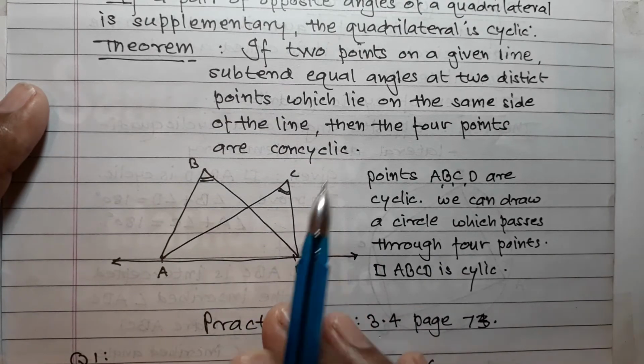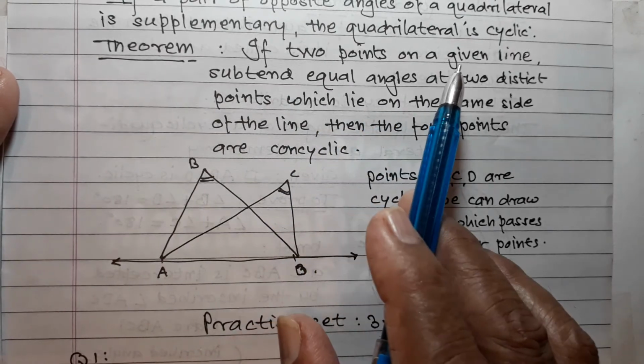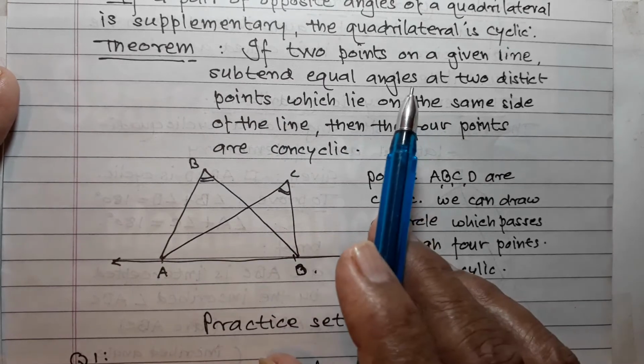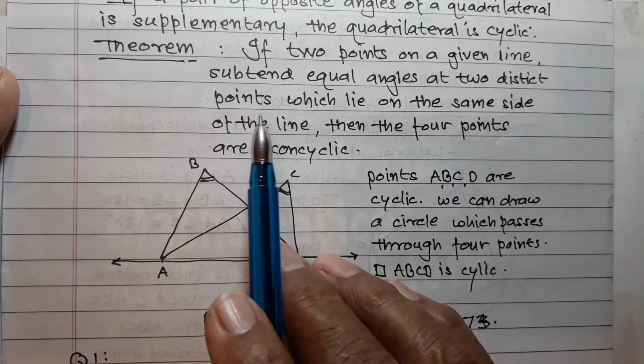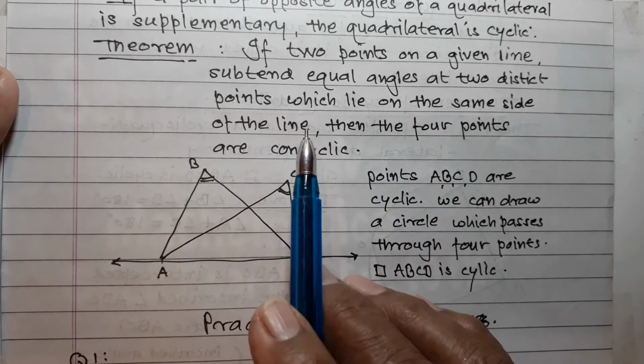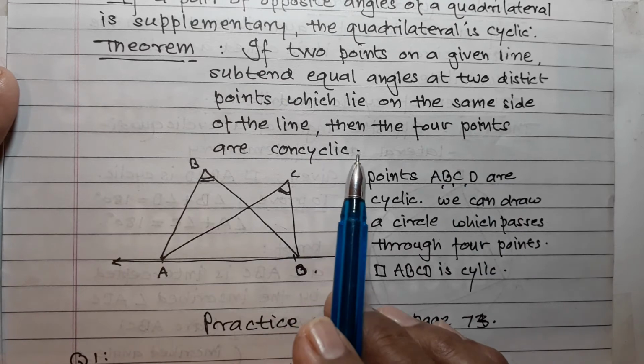The theorem is this: if 2 points on a given line subtend equal angles at two distinct points which lie on the same side of the line, then the 4 points are cyclic.